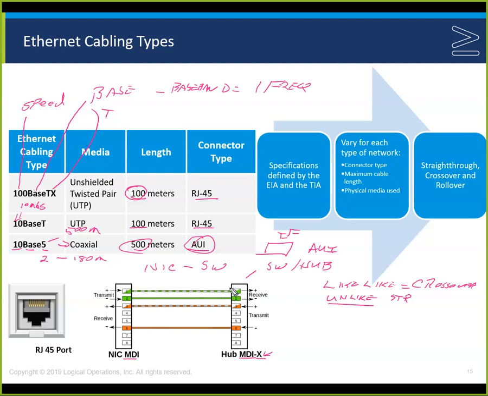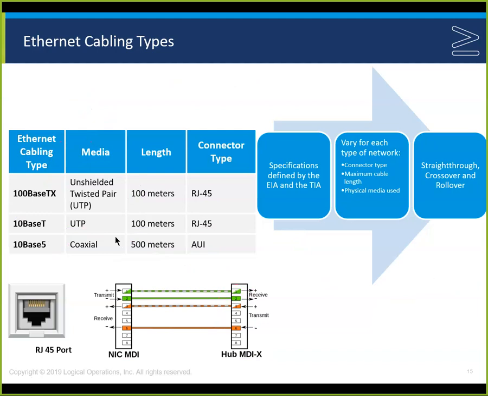The RJ45s, we have the transmit pair, 2 wires, and the receive pair, 2 wires. We don't really see that because we have a single interface that we connect it to, the RJ45 interface. But we still do have the transmit and receive, and the NICs are transceivers, a transmitter and receiver.